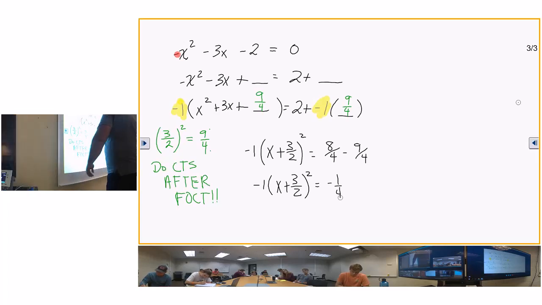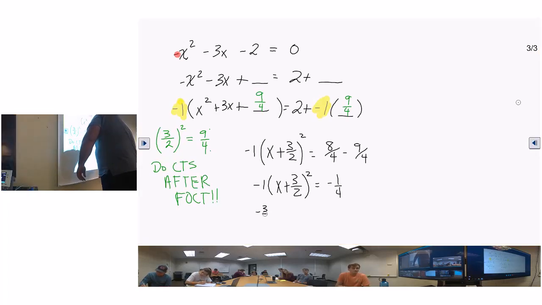Now your vertex is -3/2, comma, 1/4. That's your vertex.